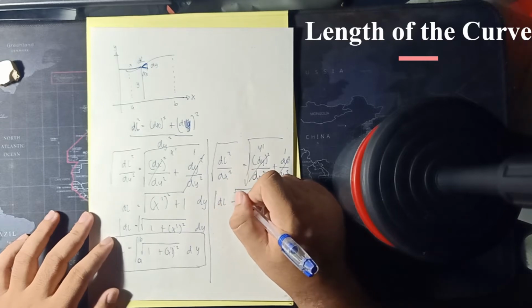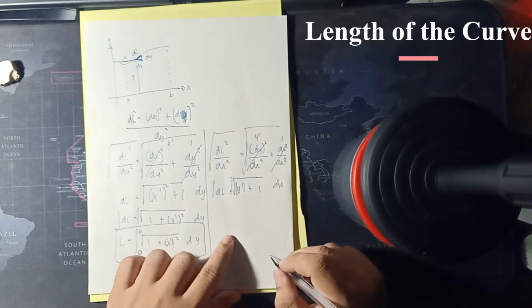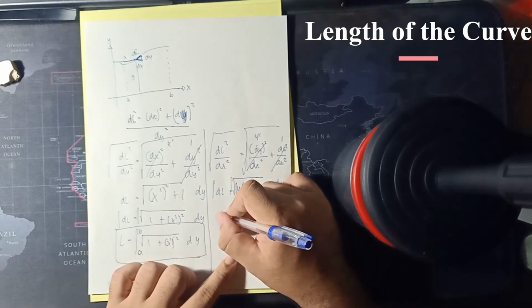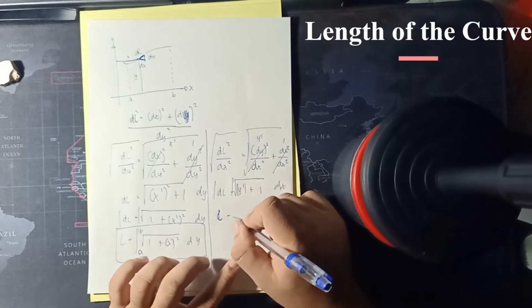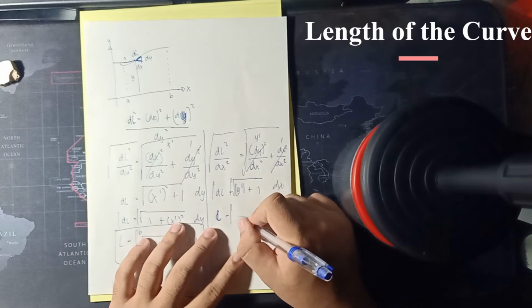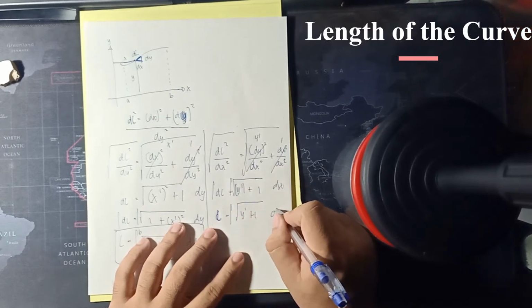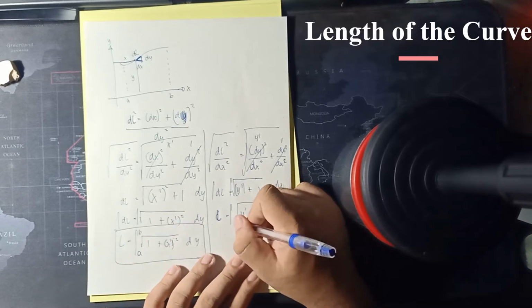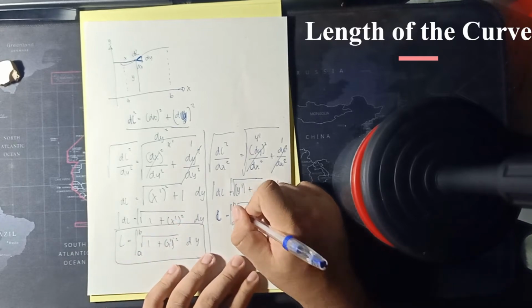So if you take the integral of that, your length is equal to the integral of the square root of y prime squared plus 1 dx, with limits from a to b.